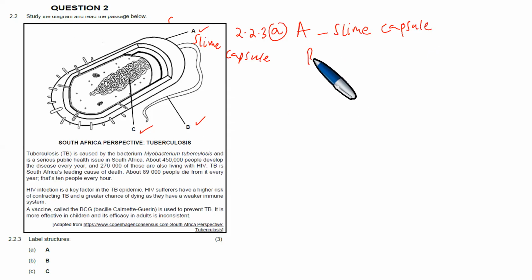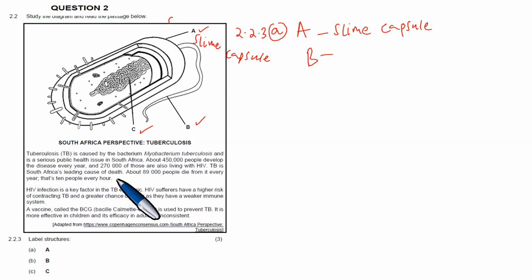B. What is B called? It looks like a little tail of the bacterium that causes coughing and all those kinds of symptoms. It is killing about 89,000 people every year in South Africa, about 10 people every hour.